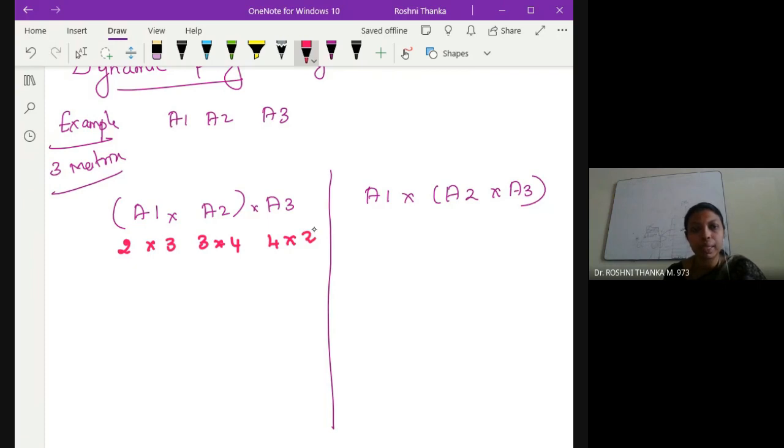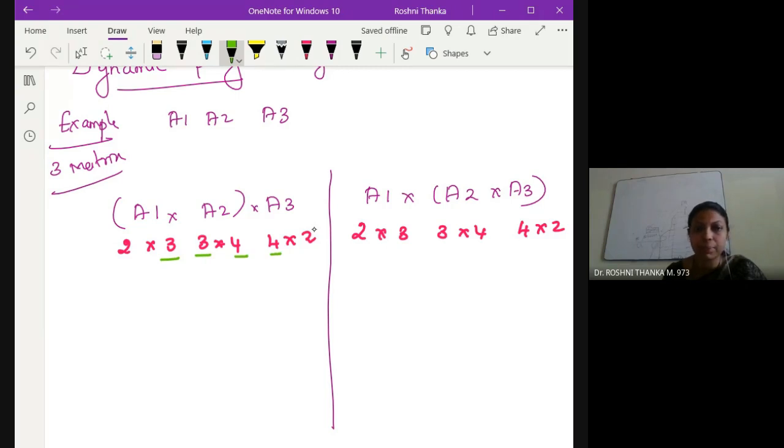Same matrices here also: 2 cross 3, 3 cross 4, and 4 cross 2. You can clearly see this value and this value should be the same, and this value and this value should be the same.